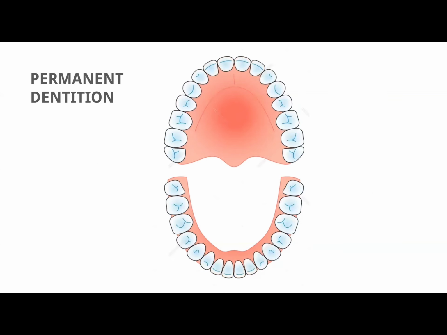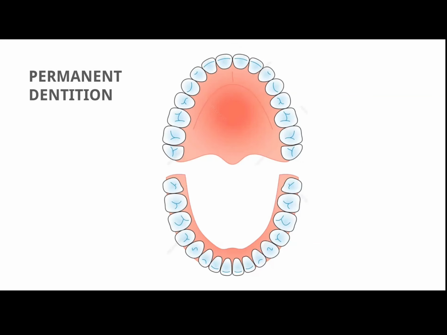Since for some of those teeth we have more than just one set, we differentiate them further by naming them depending on their location. For example, the central incisors are right next to the midline. Then we have the lateral incisors, which means they're on the side of the central incisors.